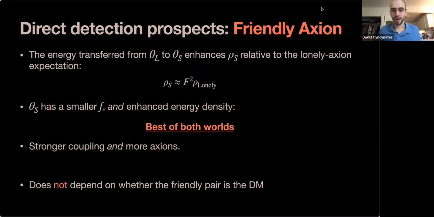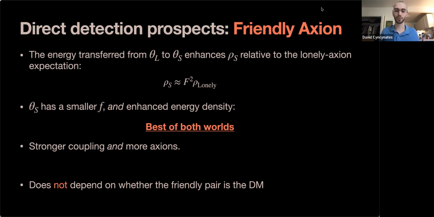Now what happens when we have friendly axions? Well, the long axion transfers some large fraction of its energy density to the short axion. So the short axion has an energy density that's enhanced by a factor of roughly the decay constant ratio relative to the lonely expectation. In other words, the short axion has a small decay constant, but it has the energy density of an axion with a much larger decay constant.